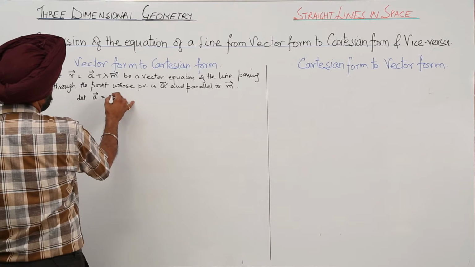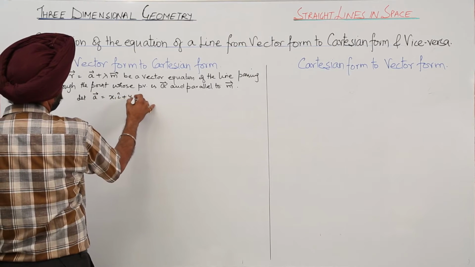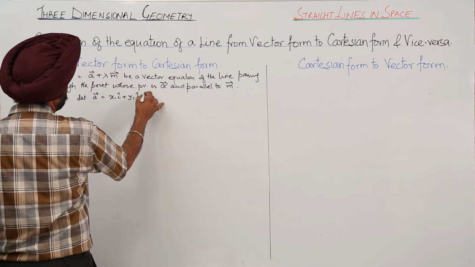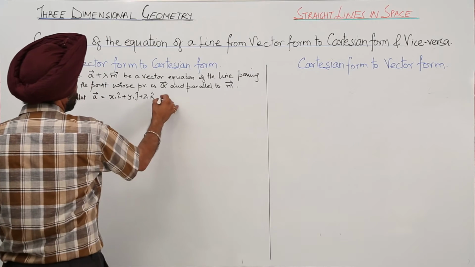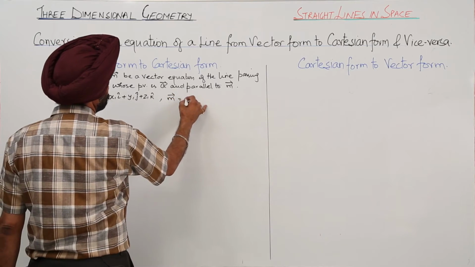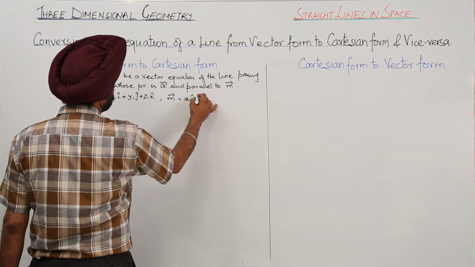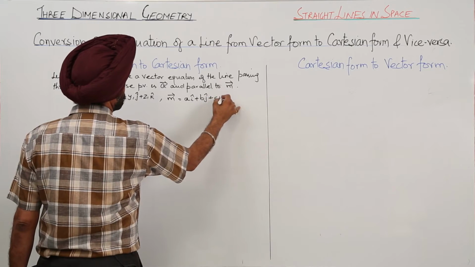vector A is equal to x1 i cap plus y1 j cap plus z1 k cap, and vector M is equal to a i cap plus b j cap plus c k cap.